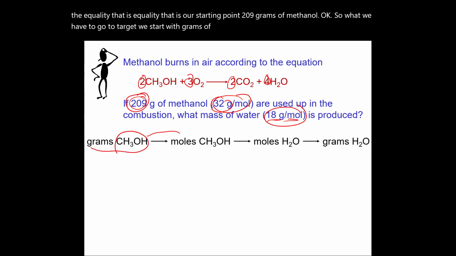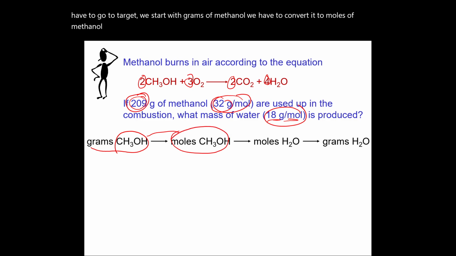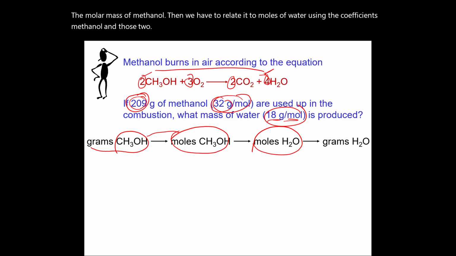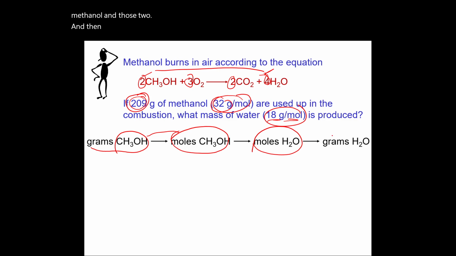We have to convert it to moles of methanol using the molar mass of methanol. Then we have to relate it to moles of water using the coefficients, methanol and water. And then we convert moles of water to grams of water. So there are a few steps there.